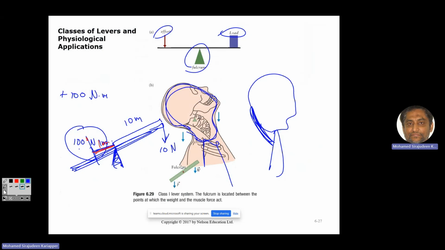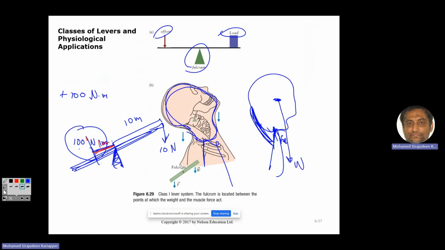It's a trapezium or trapezoid or something. That muscle is connected through a tendon or whatever to the spine. This skull has a certain weight, and the support is here. It is supported on this vertebrae. This is the fulcrum, and the weight is on the other side, the center of mass of the skull.